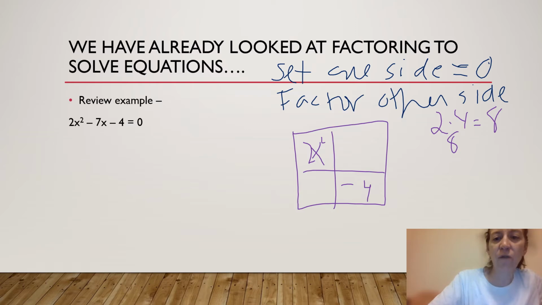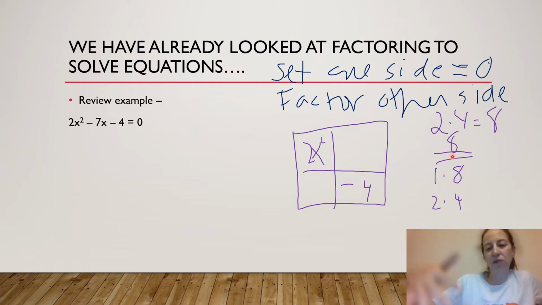So we're looking for factors of 8, and 8 factors into 1 times 8 and 2 times 4. And then in order to make sure we pick the right pair of factors, we're looking at that negative 7. So the 2 and the 4 can give me either a 2 or a 6, depending on whether I'm adding or subtracting.